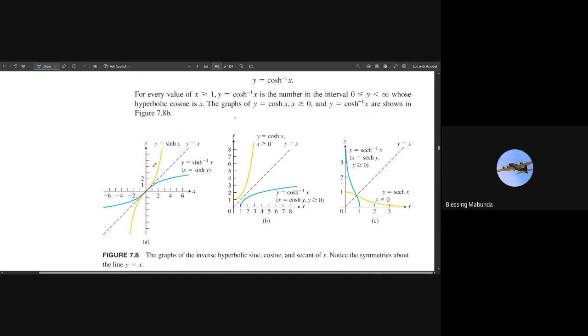So for the inverse here, what we're looking at is this one in yellow for sinh x, and then the inverse, which is about the line y equal to x, is this one here. This is the inverse hyperbolic function. So when you reflect it about the line y equal to x, that's what you will get.